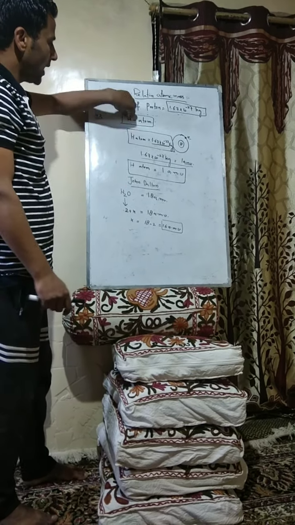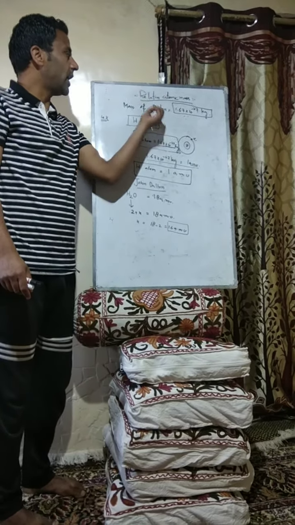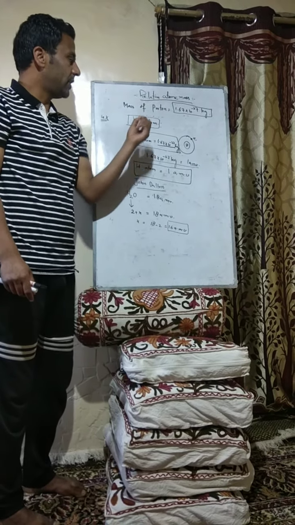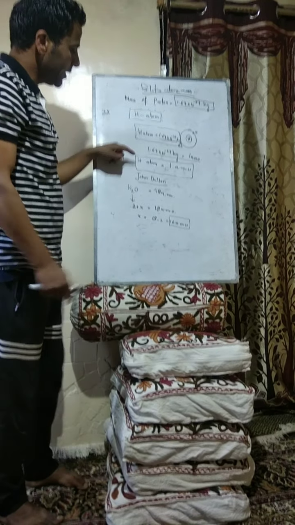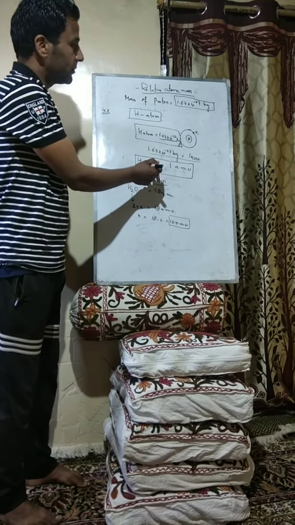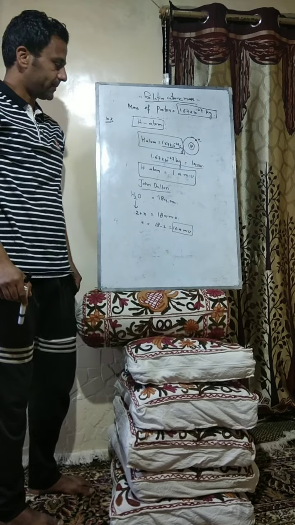Now John Dalton was the scientist who used this hydrogen atom as a reference element and calculated the atomic mass of the other elements. The mass of other elements calculated using hydrogen atom is called the relative atomic mass of these very elements.